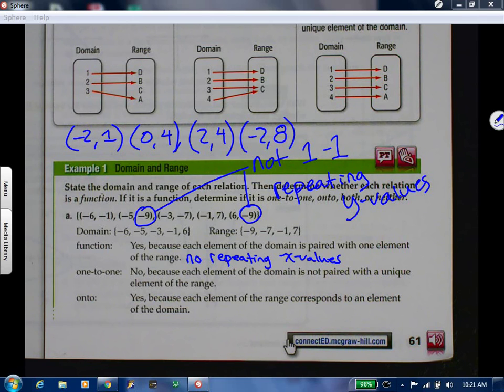Okay. What repeats? -2. -2. Is there a domain? Yeah. You can still have a domain. The domain would be -2, 0, and 2. The range would be 1, 4, and 8. Okay. So since it's not a function, it can't be 1 to 1 or onto like that. Is that okay?